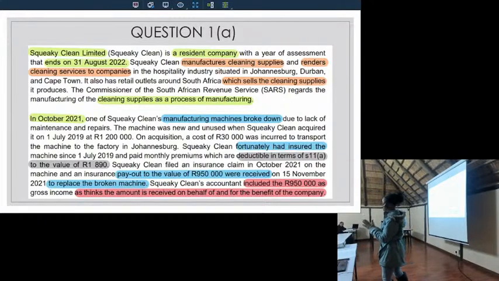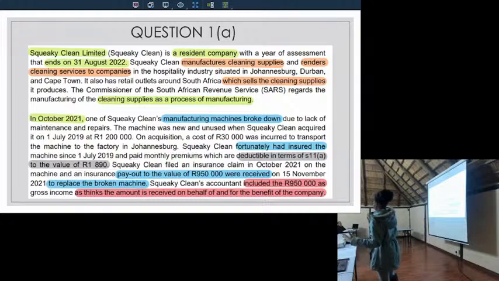So you must understand why there was a payout to Squeaky Clean. It was to replace the broken machine. What is a broken machine? It's a capital asset because we use the FISA case to determine whether the machine is capital or revenue in nature, right?